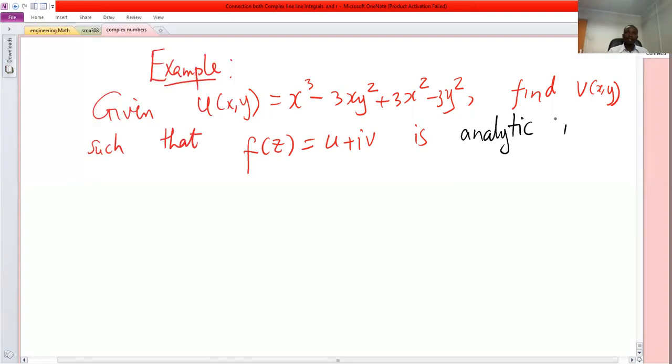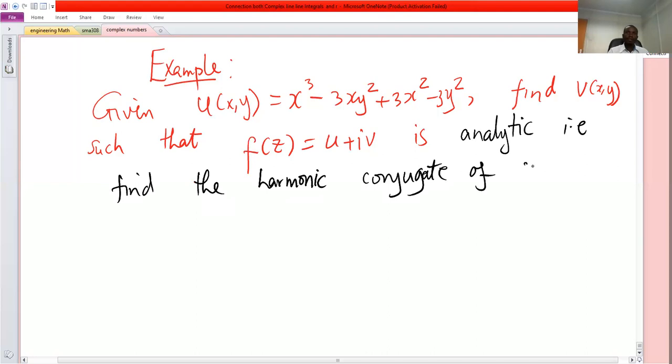This is just to say find the harmonic conjugate of u. Now, two functions u and v are conjugate harmonic if and only if they satisfy the theory.